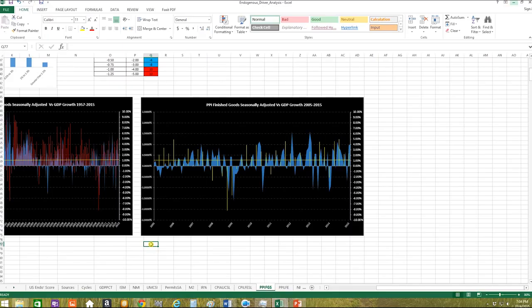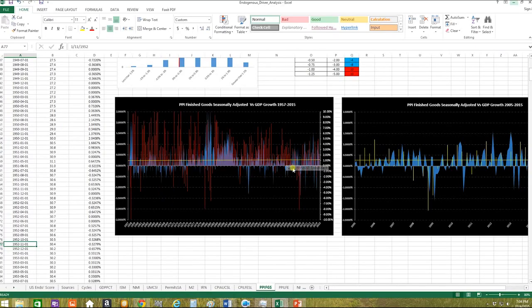Also, something that's pretty key that we shouldn't forget is our line of best fit. Our line of best fit is basically the long-term mean or average trend line of the monthly percentage changes in PPI, and we see that this number here comes in at around 0.25%.